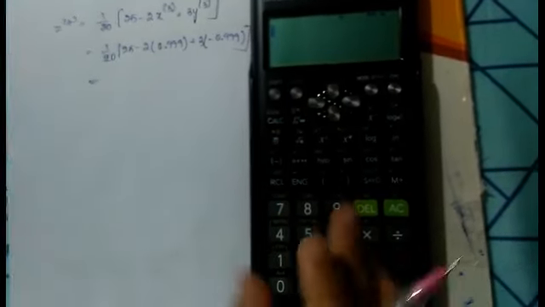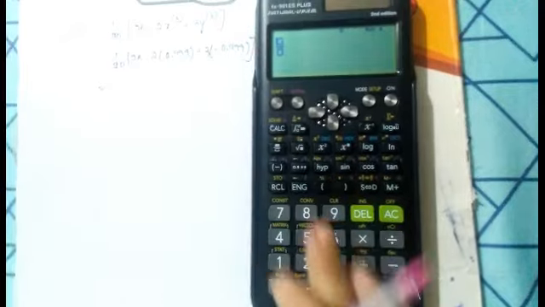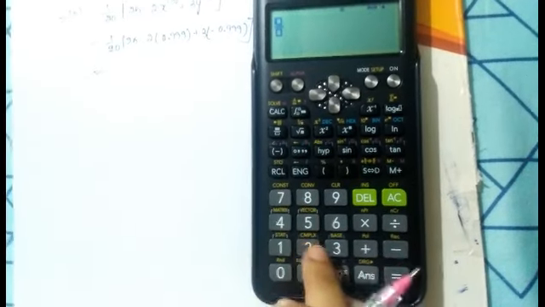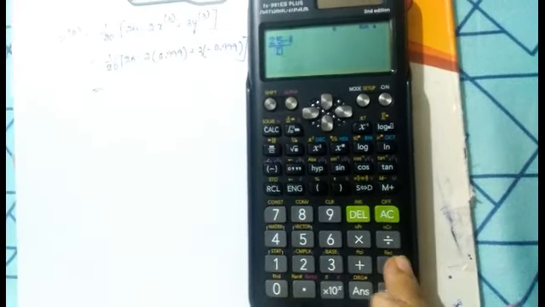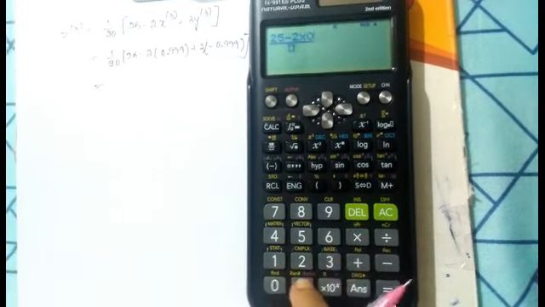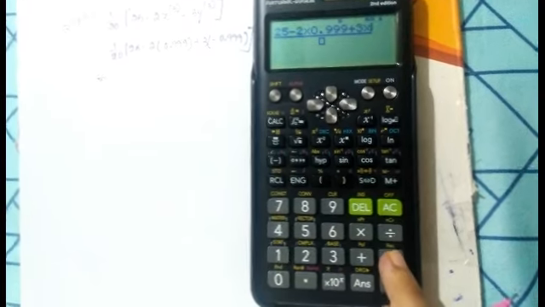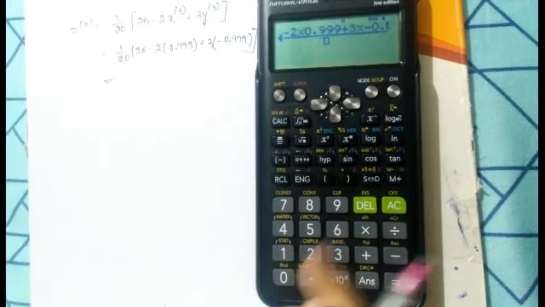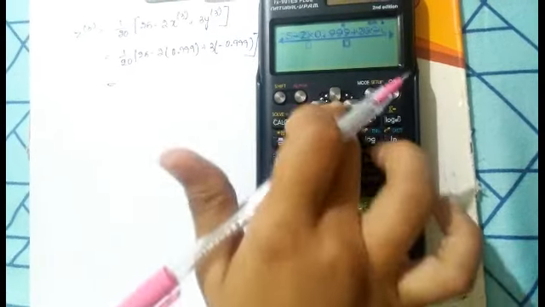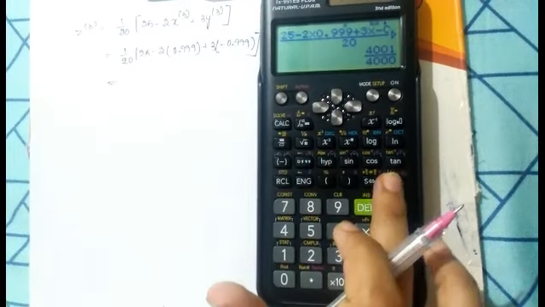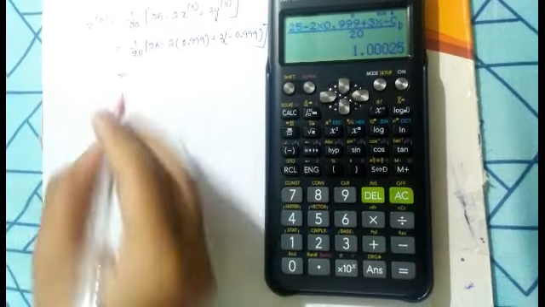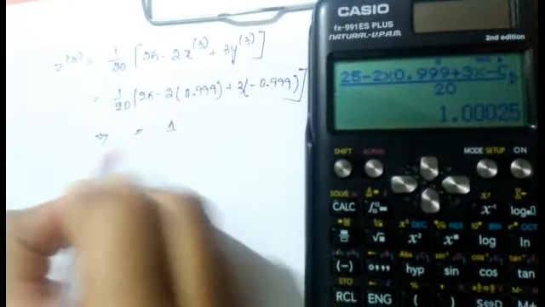Click on AC, fractional one, and 25 minus 2 into 0.999 plus 3 into minus 0.999. Then get the cursor into the denominator, enter the value, click on S by D. So you got the value as this, and approximately you can take it as 1.